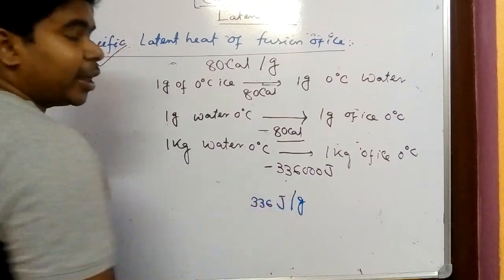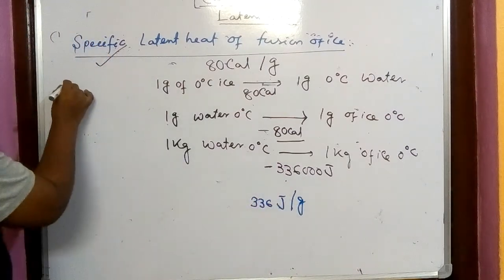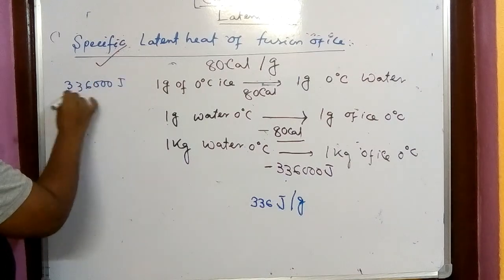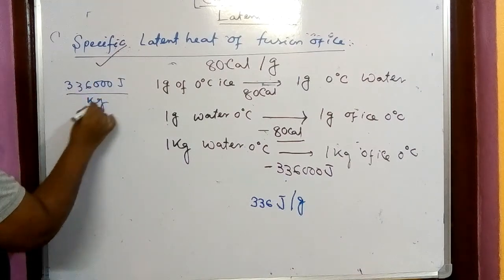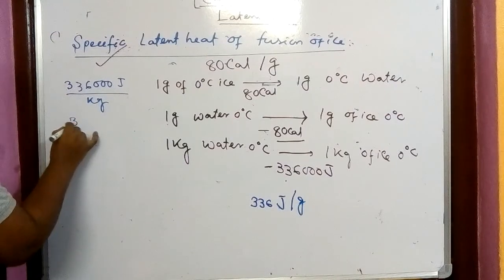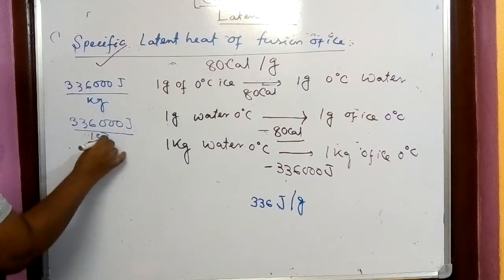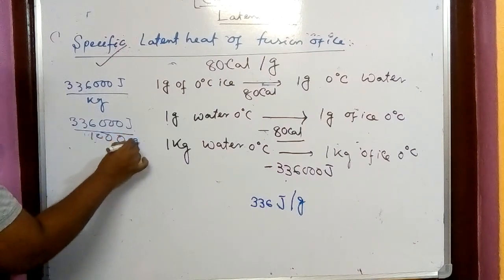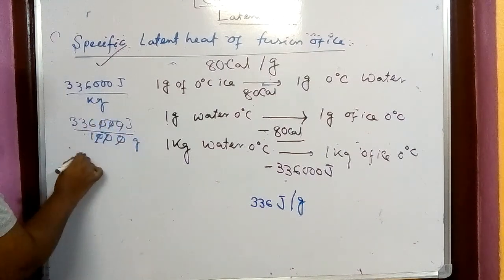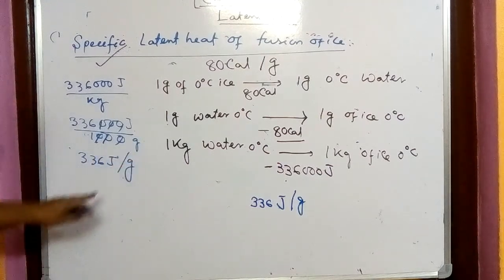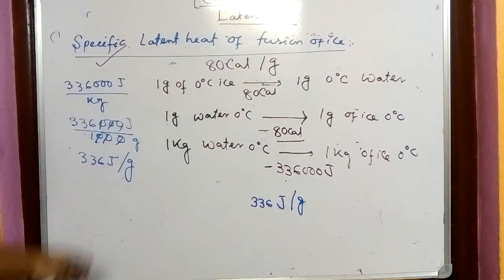If I convert kg to gram, it will come 336,000 joule per 1000 gram. So it is 336 joule per gram. So it is a combo of CGS and SI unit.